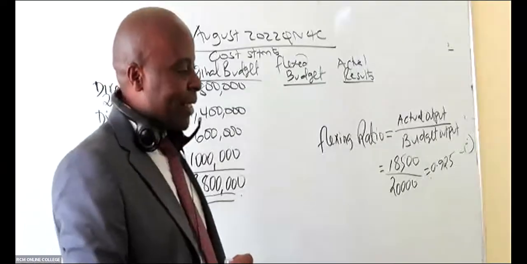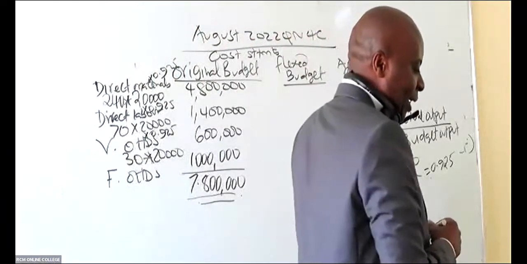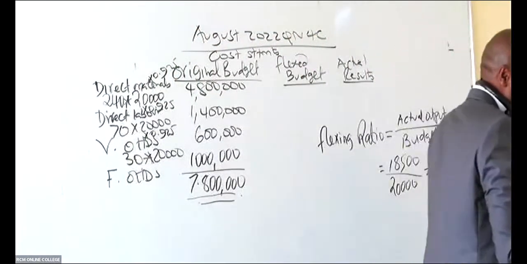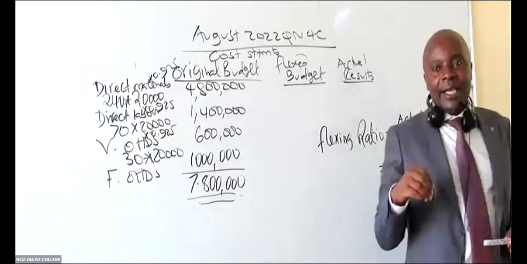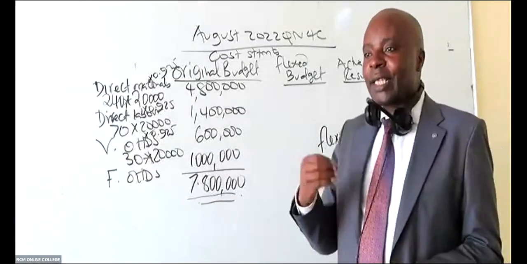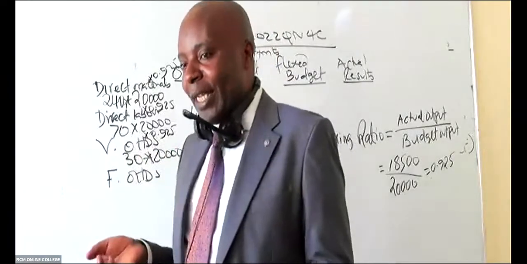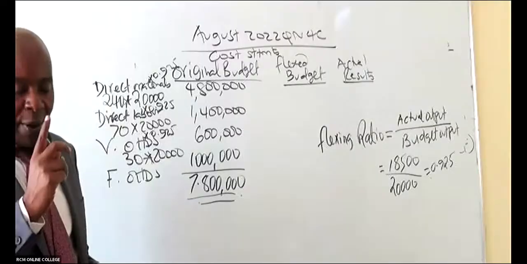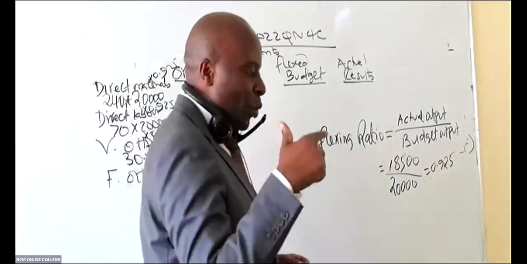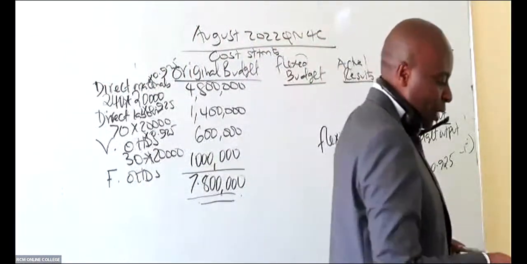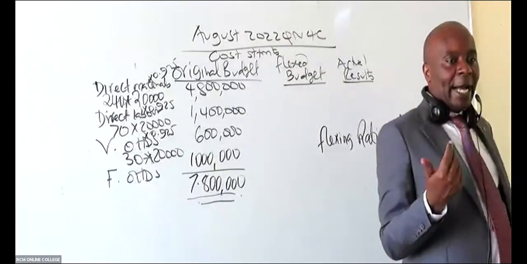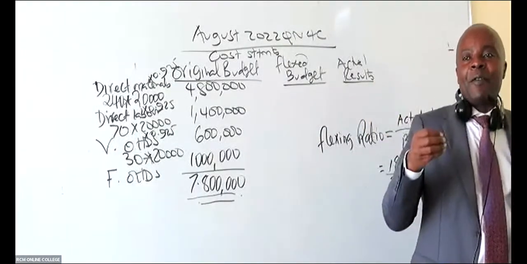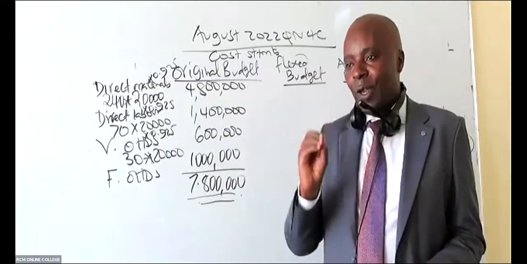If I get you flexing the fixed overheads, that will be disastrous. We only flex items that change. Things like sales revenue is a dynamic item, because the more we produce, the more we sell, the more the revenue. So it's only dynamic items, and everything is normally dynamic apart from whatever they call fixed.